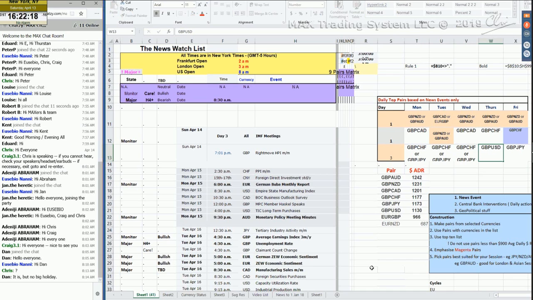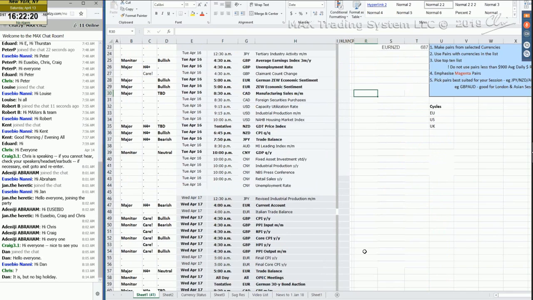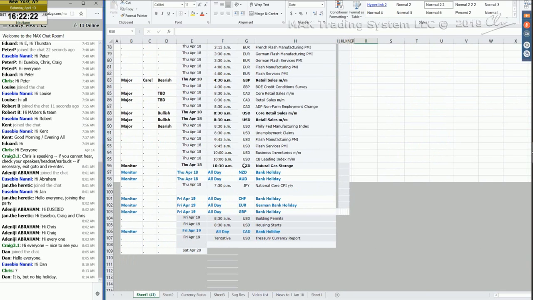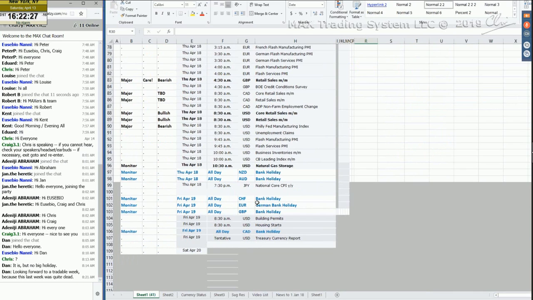Friday's a bit interesting because it's Good Friday. So my advice would be not to trade during the European session because we have Switzerland on holidays, Germany on holidays, UK on holidays, and part of France on holidays, not the entire France, but a small area of France. In fact, the two areas in France which have been alternatively French and German, Alsace and Moselle, observe Good Friday.